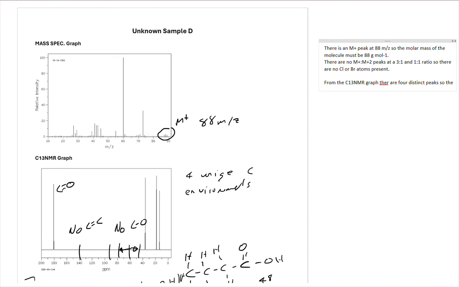So there must be 4 unique carbon environments. 3 of these peaks are below 40.